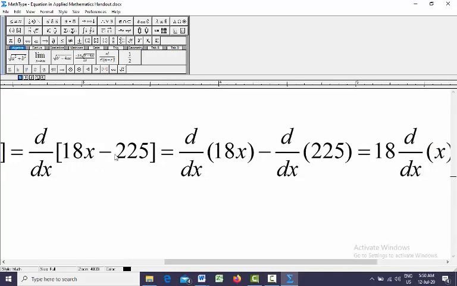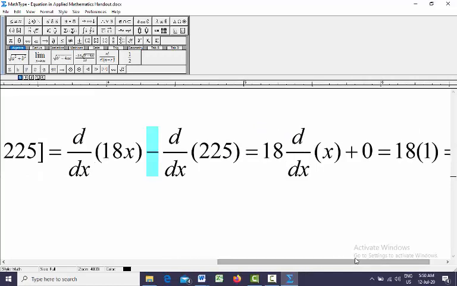So it doesn't matter what you have in between. If you have plus or minus, in both cases you need to separate each part.